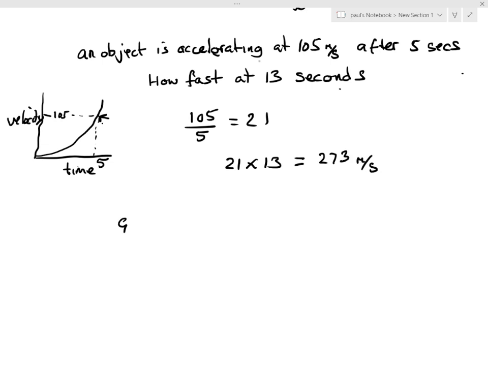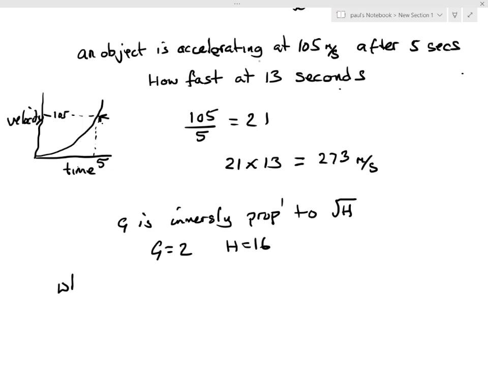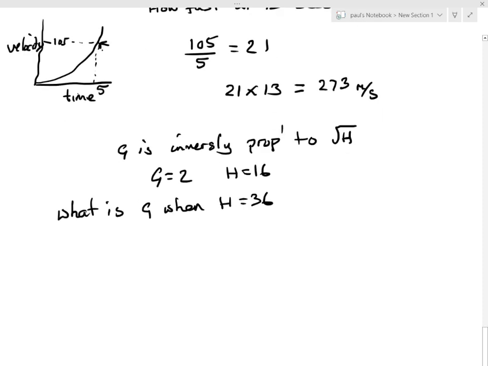Last one up. G is inversely proportional to the square root of h. G equals 2, h equals 16. What is G when h equals 36? So let's move that up a little bit for us.